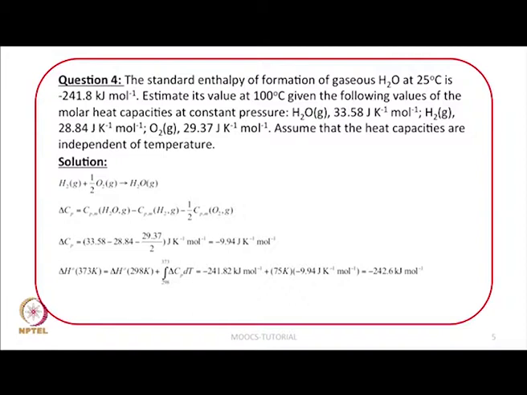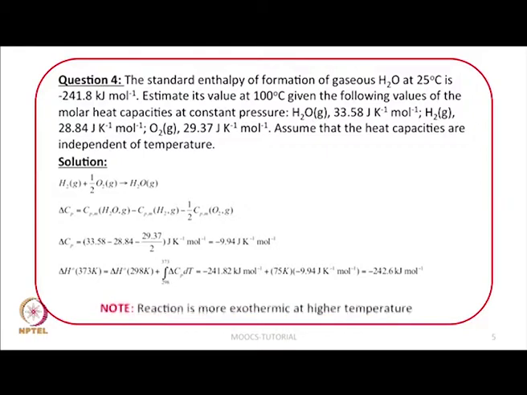Since it is given that the heat capacities are independent of temperature, delta Cp can come out of the integral, and then this calculation suggests that the answer comes out to be minus 242.6 kilojoules per mole.